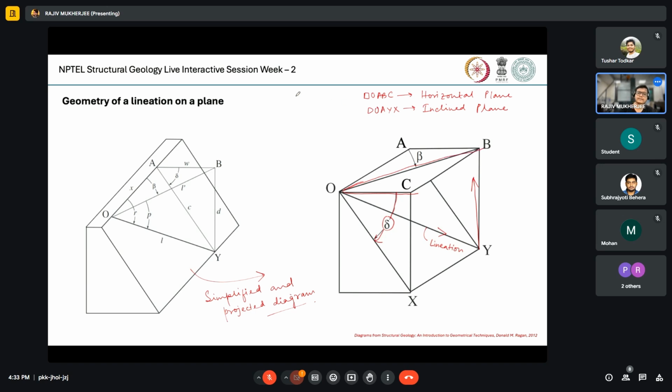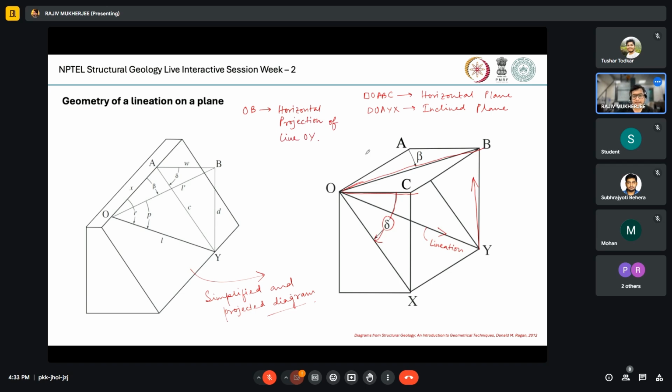OB is the horizontal projection of line OY. Okay.